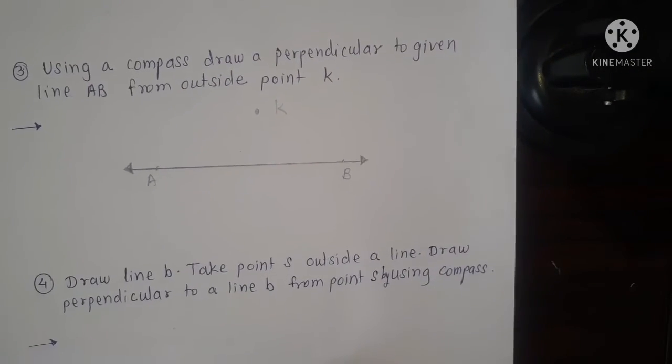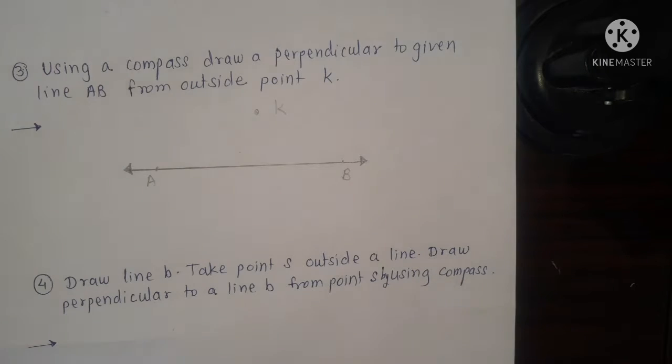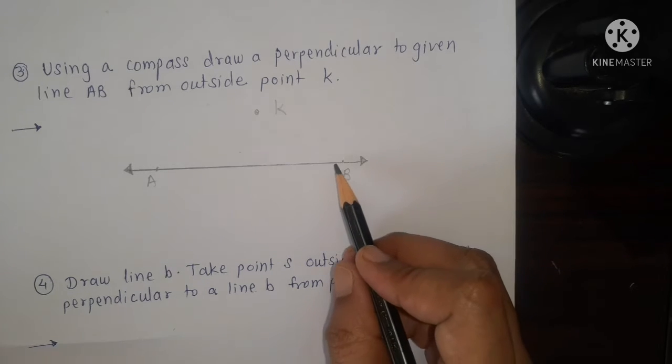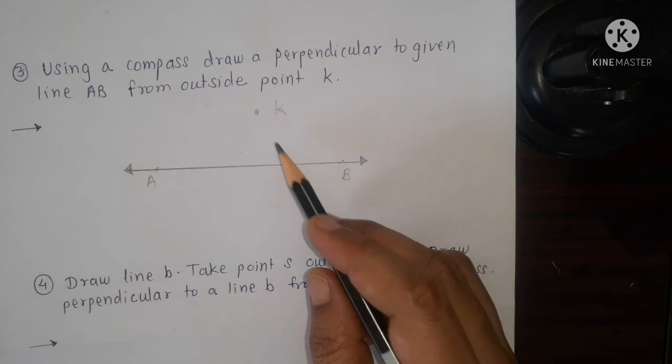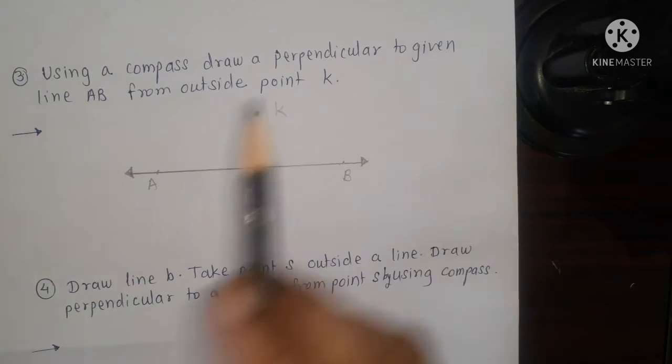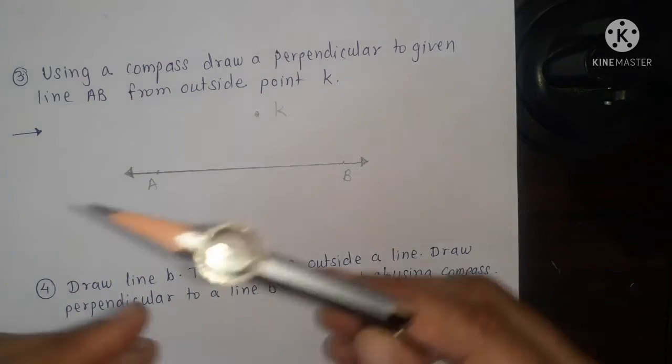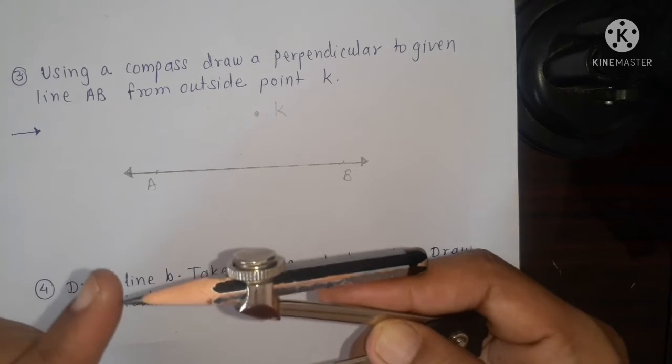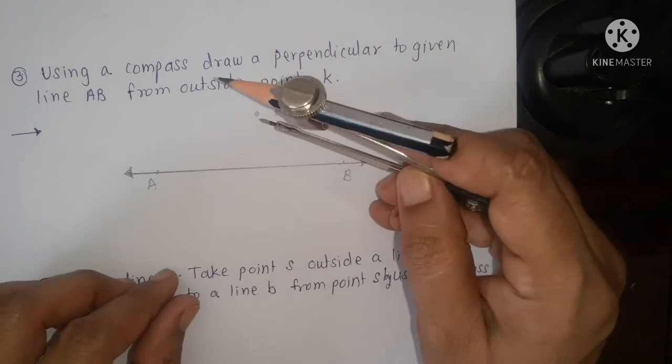Question 3. Using a compass, draw a perpendicular to the given line AB from outside point K. We are given a line AB and an outside point K. We can use a compass. First, take a convenient distance on the compass.